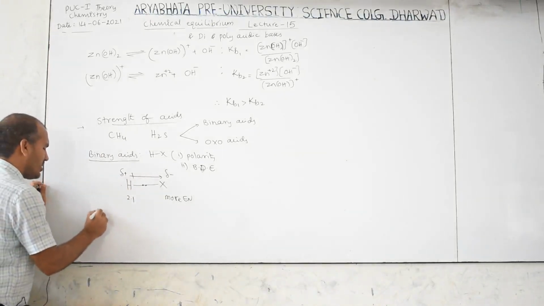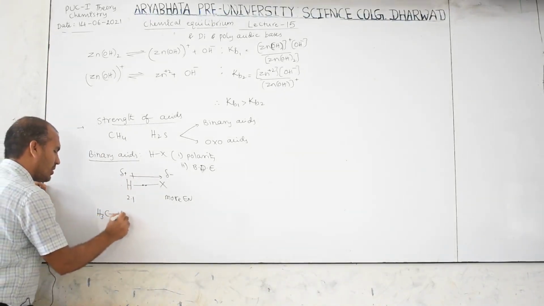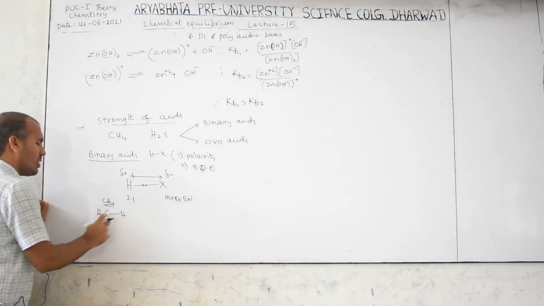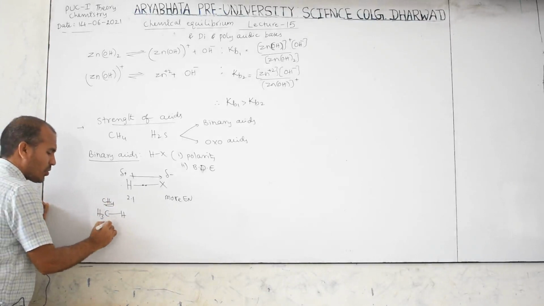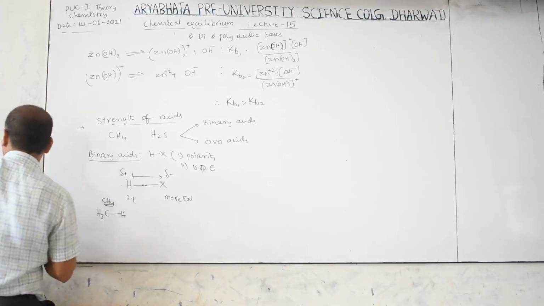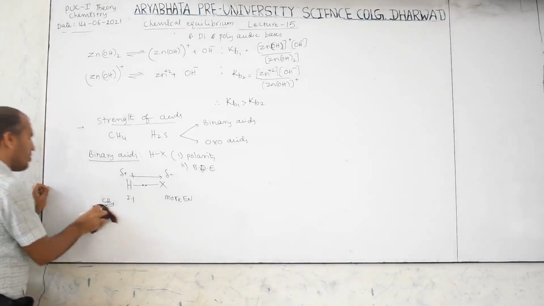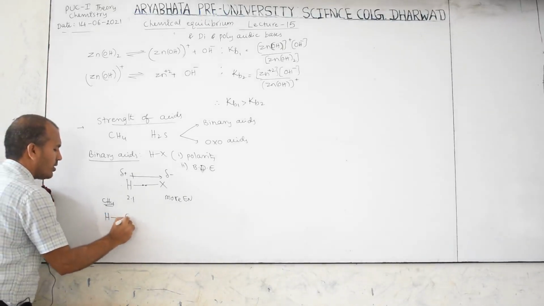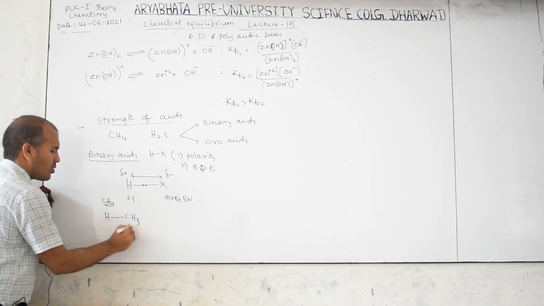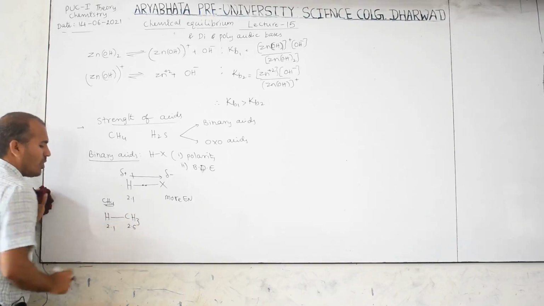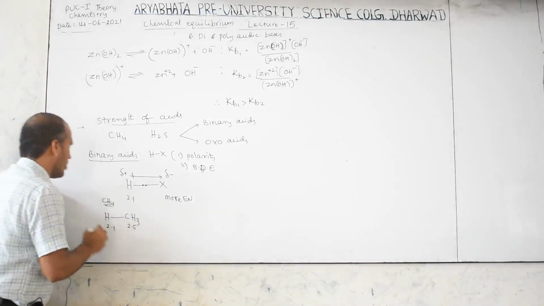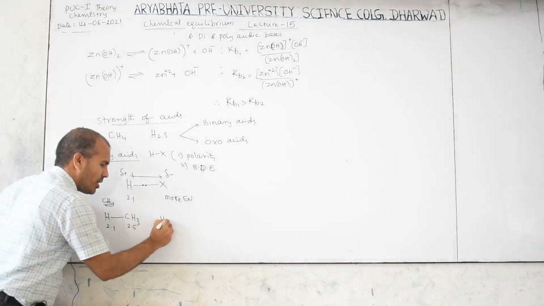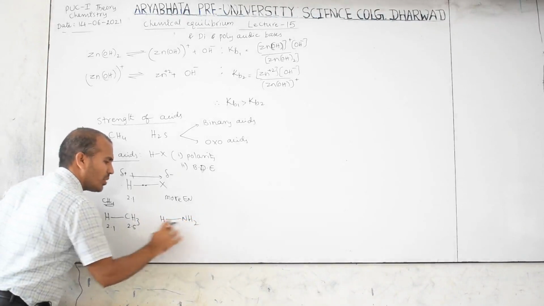Now I am writing here CH3, like this. This is CH4, which can be represented like this. According to this representation, H-CH3: this is 2.5, this is 2.1. After carbon, nitrogen, we can write H-NH2, total NH3.